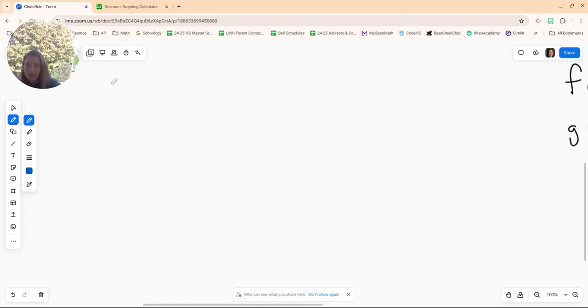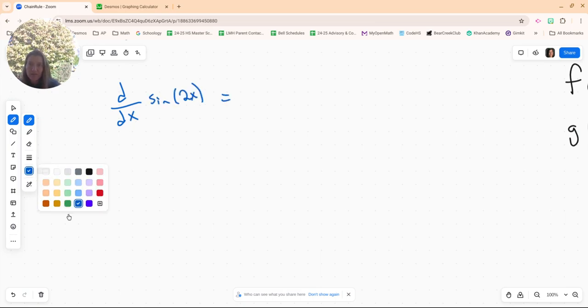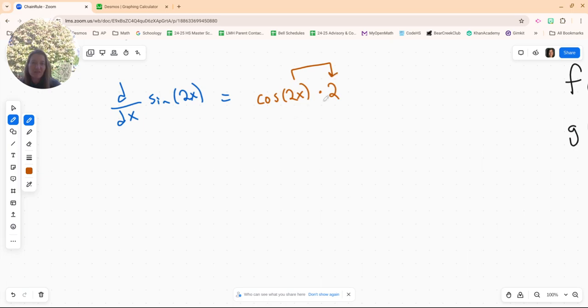All right, so if I've got the derivative of sine 2x, I have cosine of 2x. That got the right position, and then times 2 to get the right output values. And what would you say is the relationship between 2x and 2 from a calculus perspective?